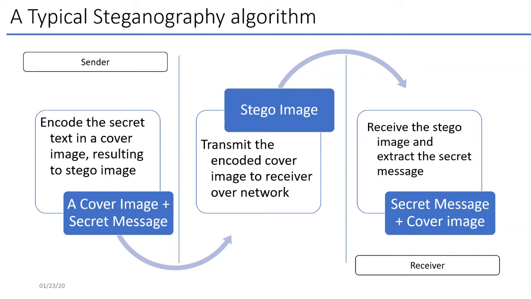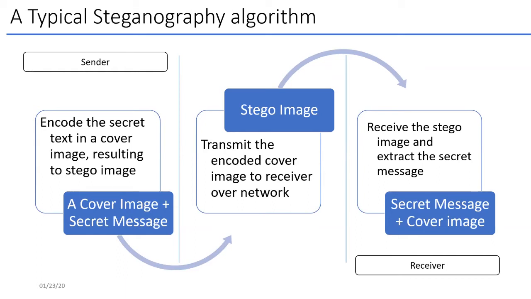The image being used to hide the secret text is called the cover image, and once you encode that, we call it a Stego image. So cover image plus secret text equals Stego image, meaning steganographed image, which in analogy to the cryptography world is an encrypted file. That will be transferred in the communication channel.